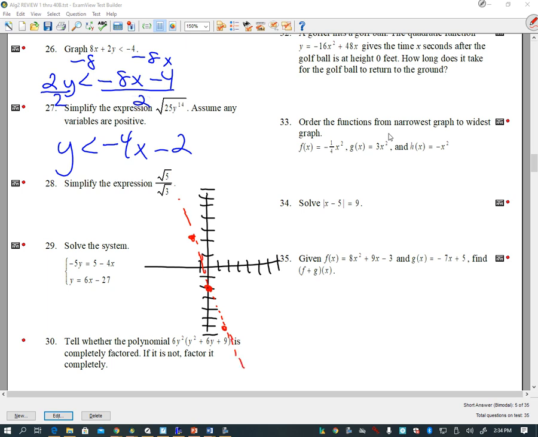Okay, but now I have to figure out which side of it do I shade. Do I shade to the right or do I shade to the left? The left. Okay, somebody said to the left. How do you know? Y is less than. Okay, so I guess the question I should always be asking is, is 0, 0 included?